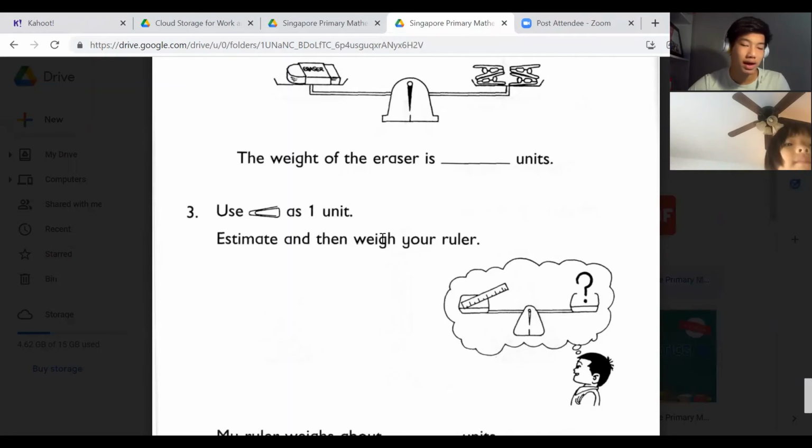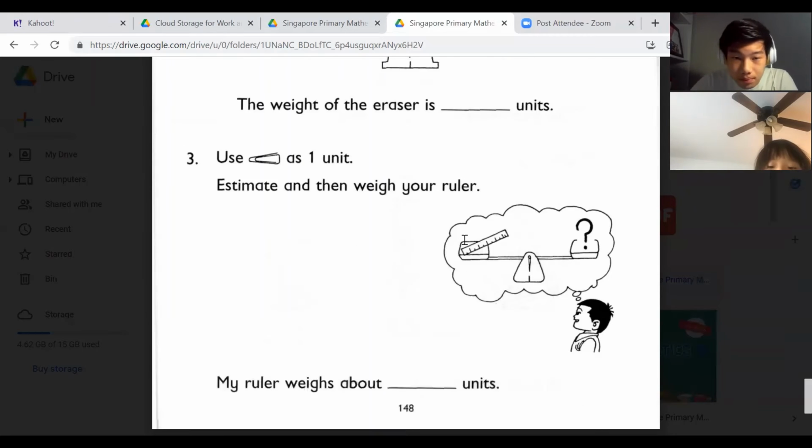Again, we can't really do that. So just guess. How many paper clips do you think one ruler weighs? I think like 9 or 8. 9? Yeah, that makes sense, because paper clips are really light and a ruler might not be.